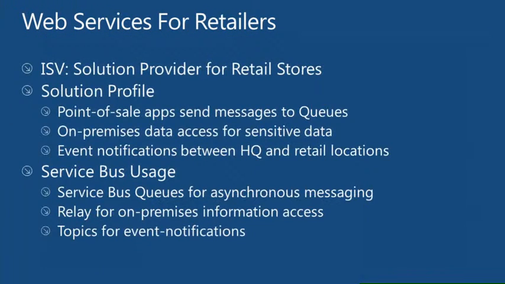So solution profiles: point of sale applications send the messages to the queues. The on-premises data access is done for sensitive data into the customer's data center, and then the notification goes through Service Bus, and they're using Service Bus queues and topics. They were actually one of the first users of Service Bus queues and topics. We onboarded them while we were still in private beta, and presented with them together at the Build conference last year.